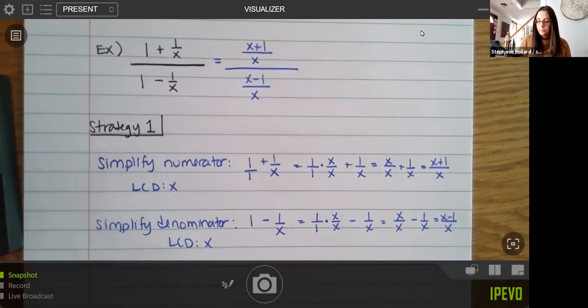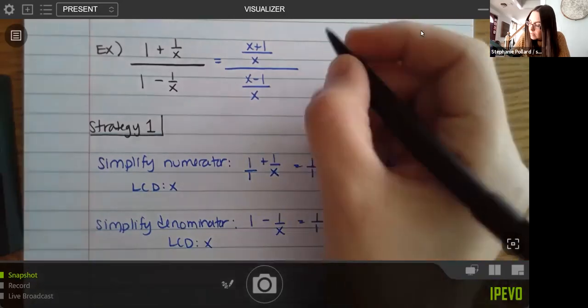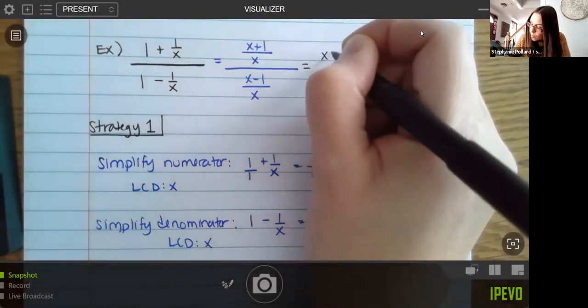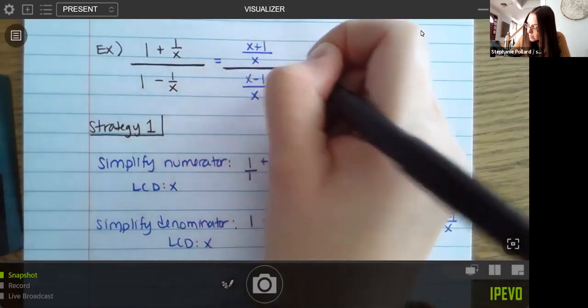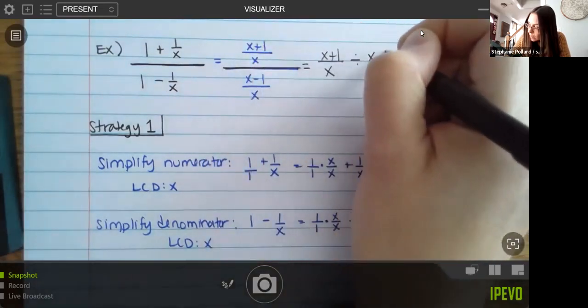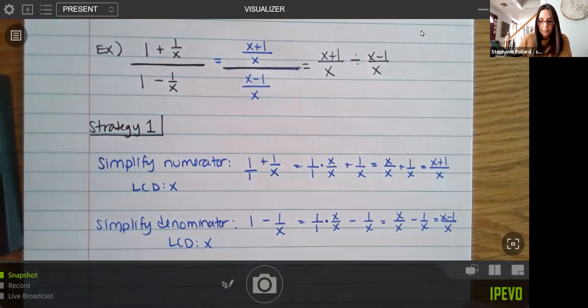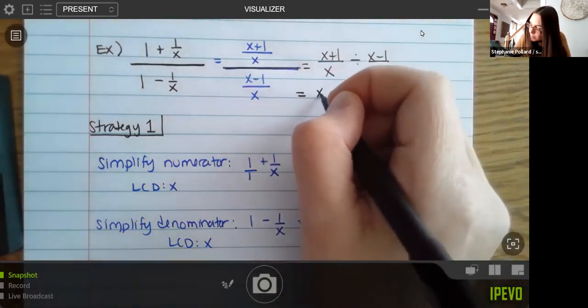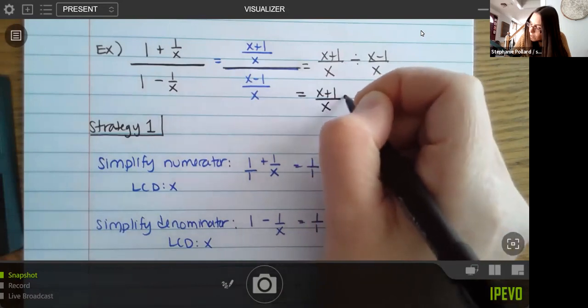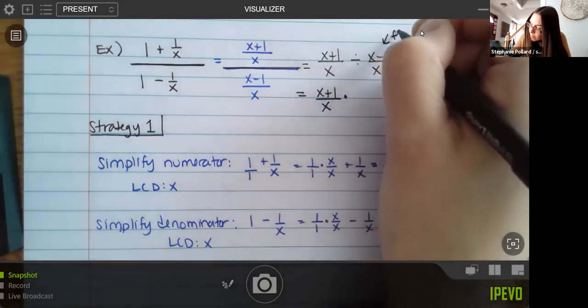So now what you do is you can rewrite this. So this is the same thing as x plus 1 over x. Again, this is my divided by line, divided by x minus 1 over x. So your first part stays the same, and then you flip your second fraction.